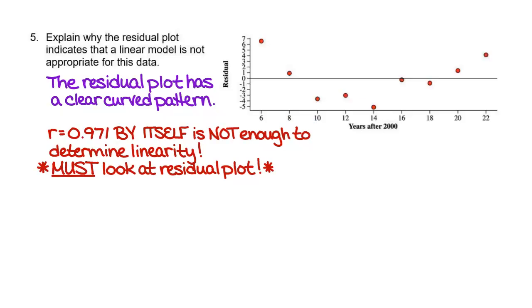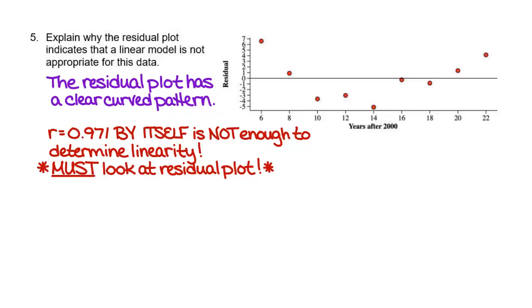R being 0.971 by itself is not enough to determine linearity. You got to look at the residual plot. If they don't give you a residual plot, there's still a little bit of a way that you can tell from the scatter plot. The residual plot we're looking at, is it above or below the line of best fit, right?